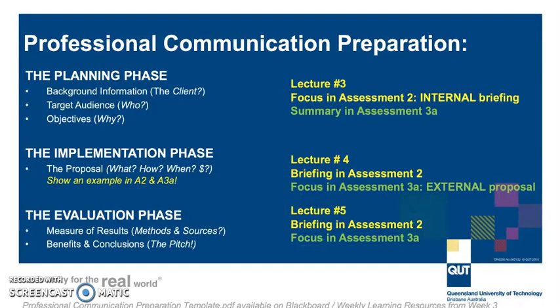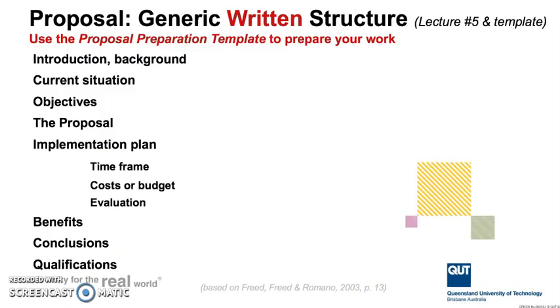And in KCB 205, in the team assessment, your message is based on the professional communication preparation template. If you convert this process into a written structure, a document structure, it can look like something like this. And this template and content was presented in the lecture week 5.